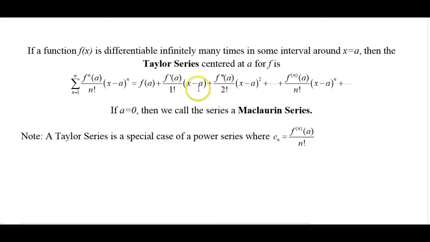So this Taylor series represents a function exactly now, just as a power series does, instead of an approximation that went with a Taylor polynomial. So a Taylor series is going to represent a function exactly over a particular interval, that interval of convergence.